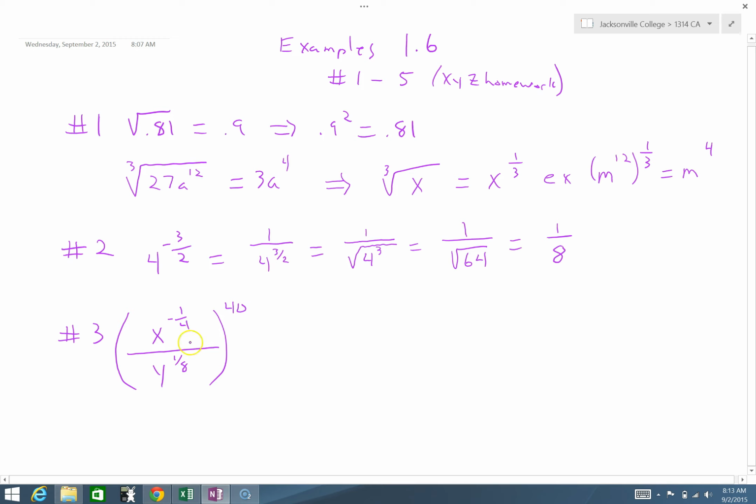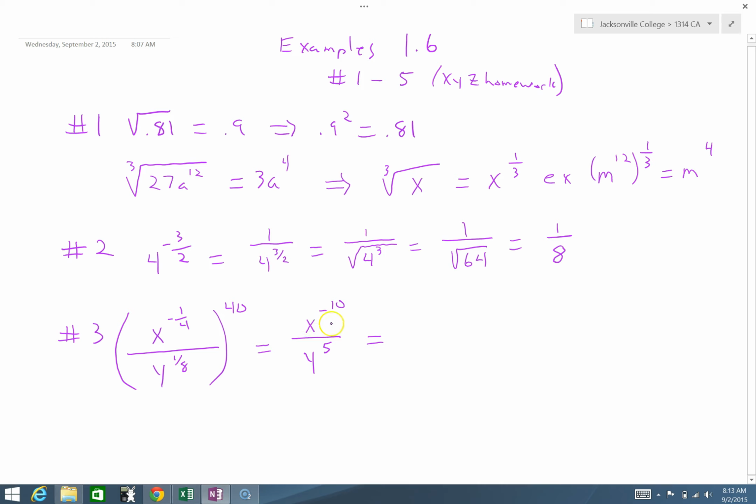Well, remember our power rule for exponents. When we have some number to some power and that is taken to a power, we simply multiply these two. So I'm going to begin by doing that. Negative 1/4 times 40 will be negative 10. Y to the 1/8 times 40 will be y to the 5th.